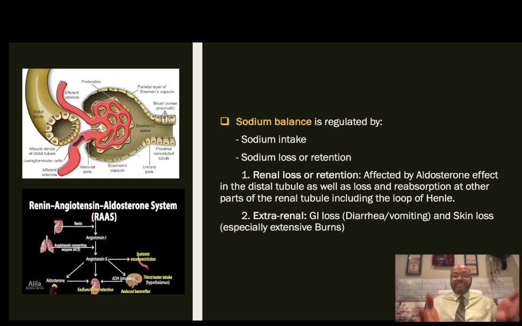So this is just to mention that the kidneys are involved, and as you can see, the lungs are involved in some way, and the brain is involved in some way.